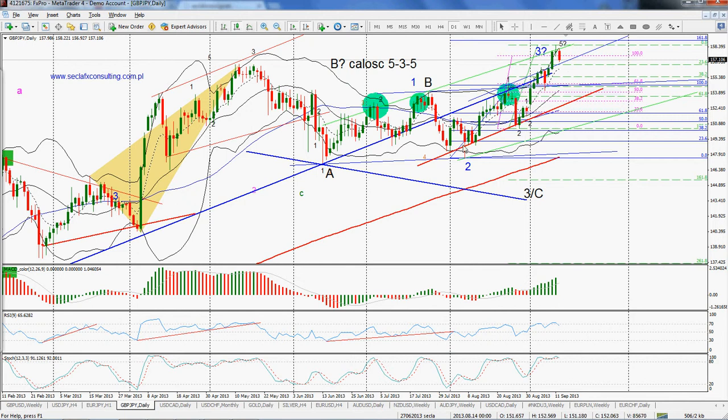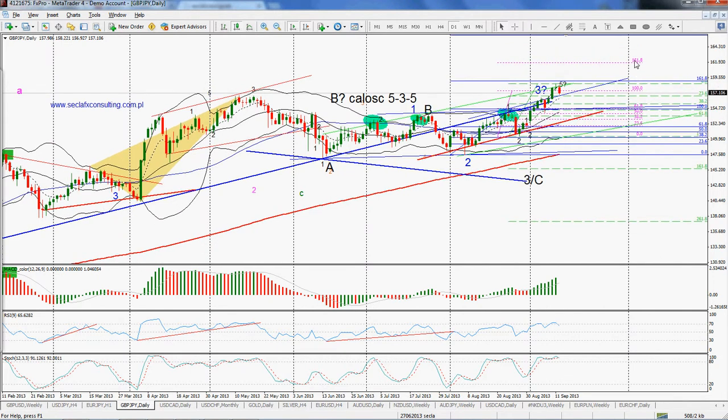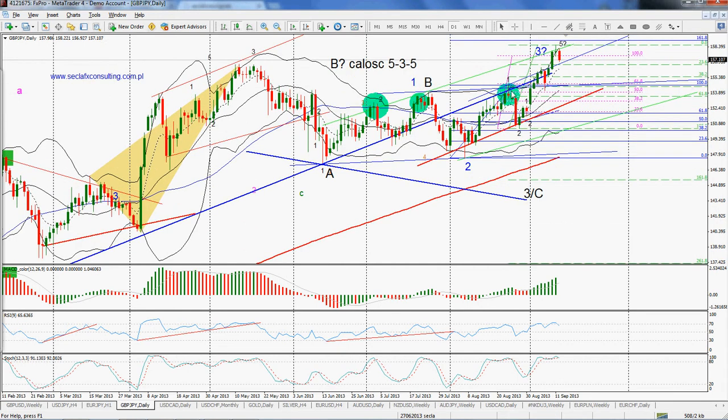Okay, because based on this count here, if it's the first impulse, so that's the 1, that's the 2. If you measure it with this green Fibo, this Fibo measures this movement. If you wait a second, I'll show you how to do it.